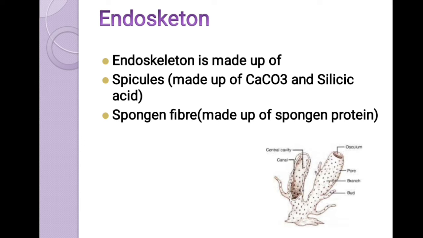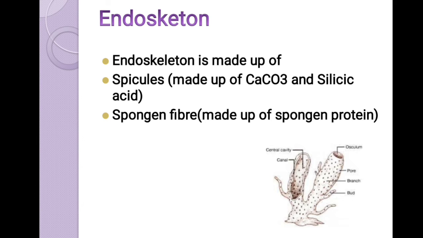So this endoskeleton is made up of spicules and spongin fiber. The spicules are made of two things, that is the calcium carbonate and silicic acid. The spicules which are made up of calcium carbonate are known as calcareous spicules, and the spicules which are made up of silicic acid are known as siliceous spicules. Spongin fiber is made up of spongin protein.